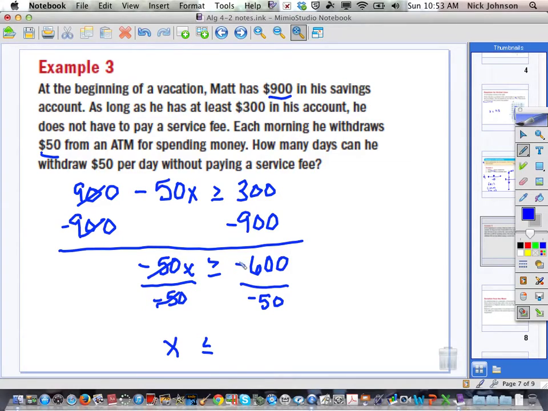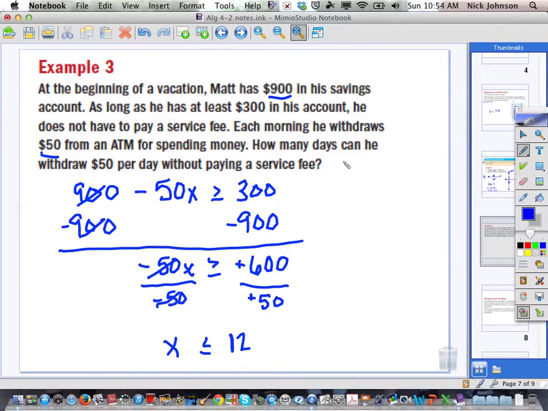Negative divided by a negative is going to be positive, and 600 divided by 50 is 12. What I probably should have done was put a less than symbol instead of an equals, because here's why. At 12, he's fine. There's no problems with that. When he's less than or equal to 12, he's okay.